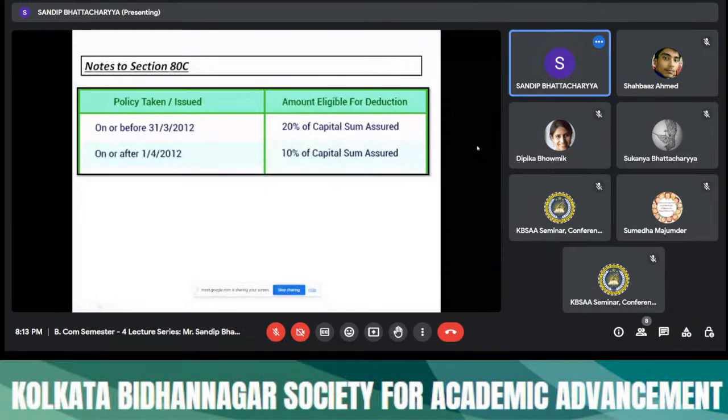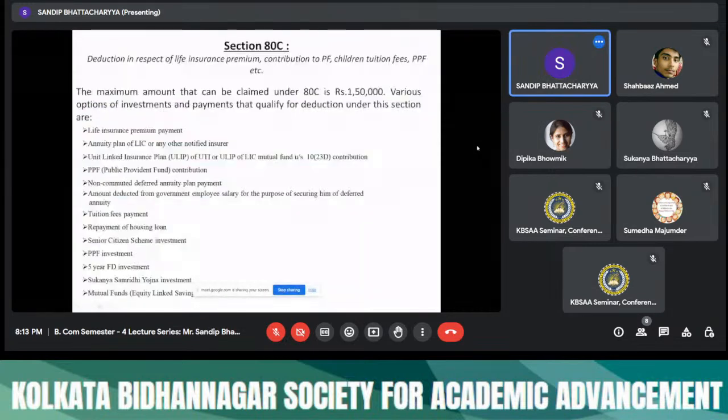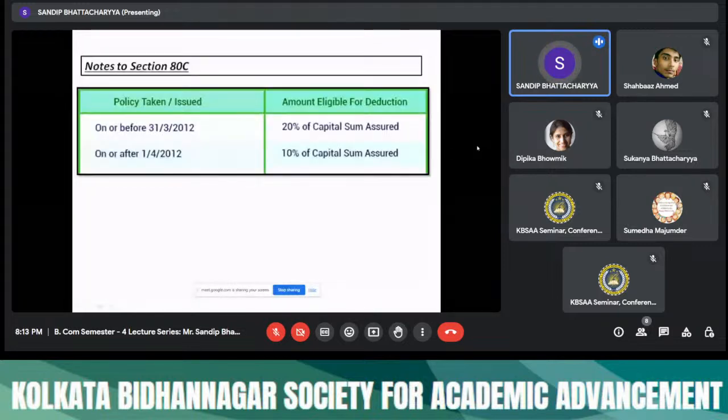Now there is a provision. What is the provision? You can see life insurance premium. Now if you take a policy, date matters. What date, sir? Date means when you have taken the policy.